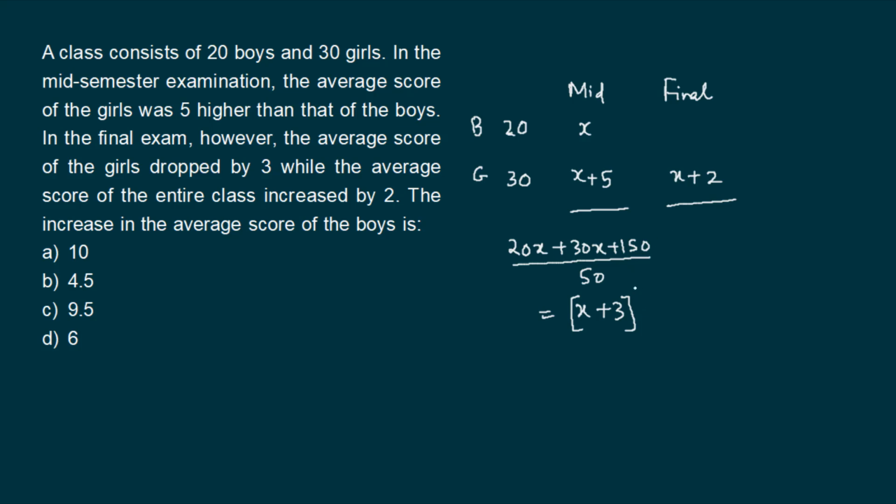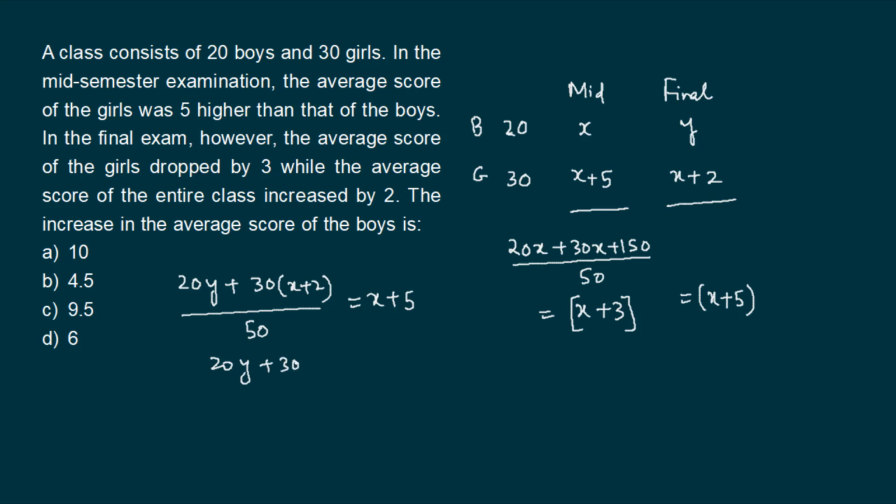Now the average score of the class has increased by 2. That means now the new average of the class is x plus 5. Let the new average score of boys be y, then we can have this equation: 20y plus 30 into x plus 2, divided by 50, equals the new average x plus 5 of the entire class.